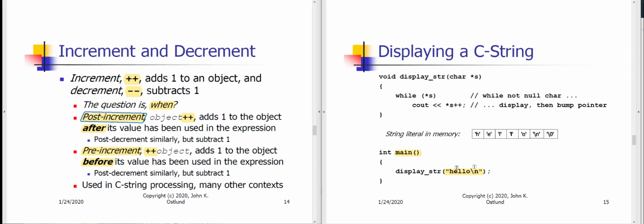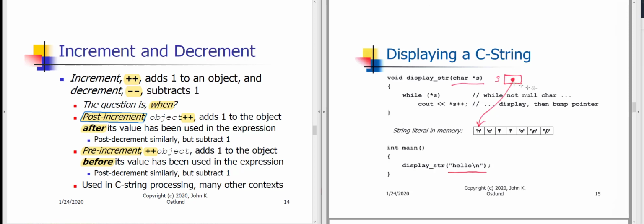And what I get at the point where I wrote hello in double quotes is the address of the H. So it's actually the address of the H that's being passed to the DisplayStir function. When the DisplayStir function gets called, its parameter is allocated in memory and initialized with the value passed in. The value passed in is the address of the H.